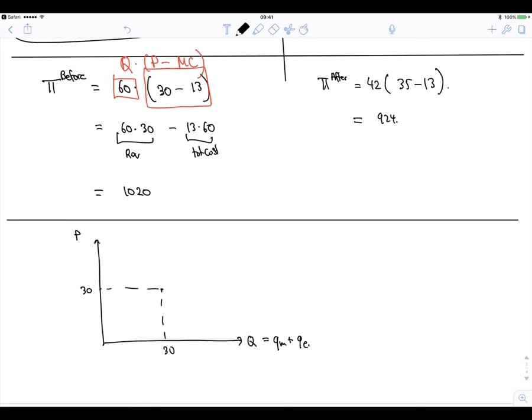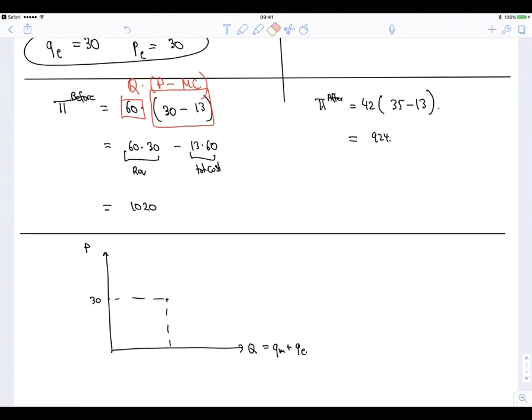Sorry, 60. $60-30, and you have 35-42. Okay, that's what you have.